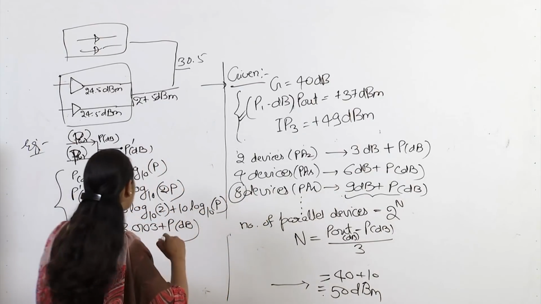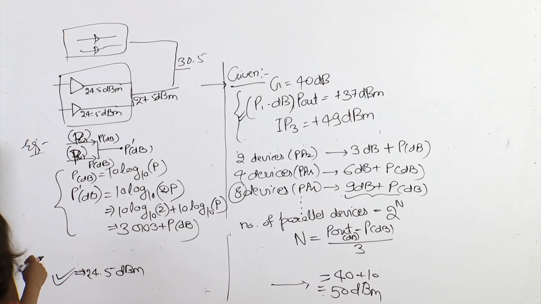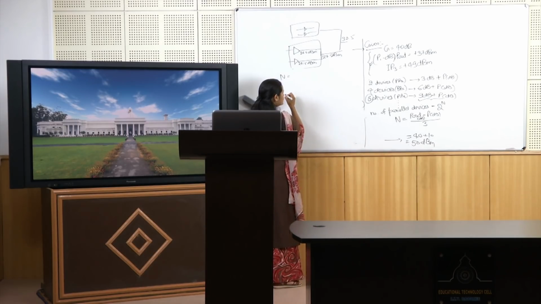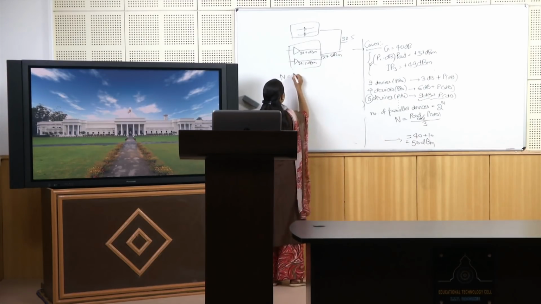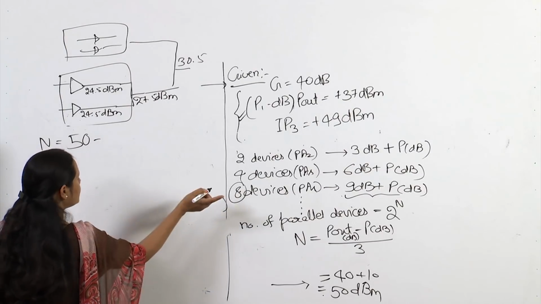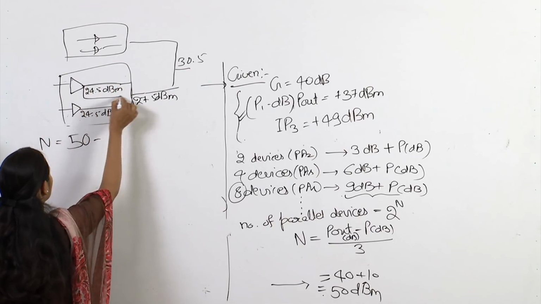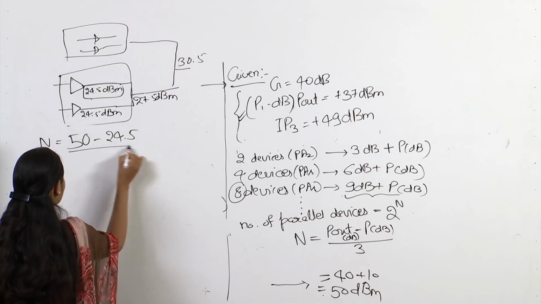So, let us use this calculation here to know how many devices we require in parallel. So, n, which is the exponent for the number of devices, will be P out, which we require as 50 dBm, minus input P dB, and that input P dB which was for only a single device was 24.5 dBm, divided by 3.